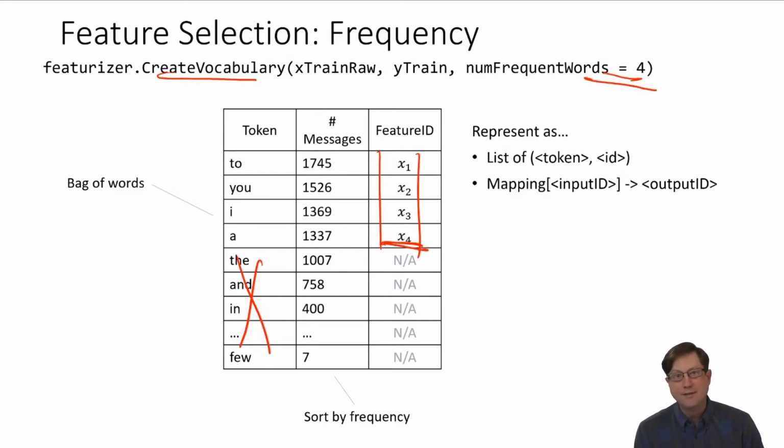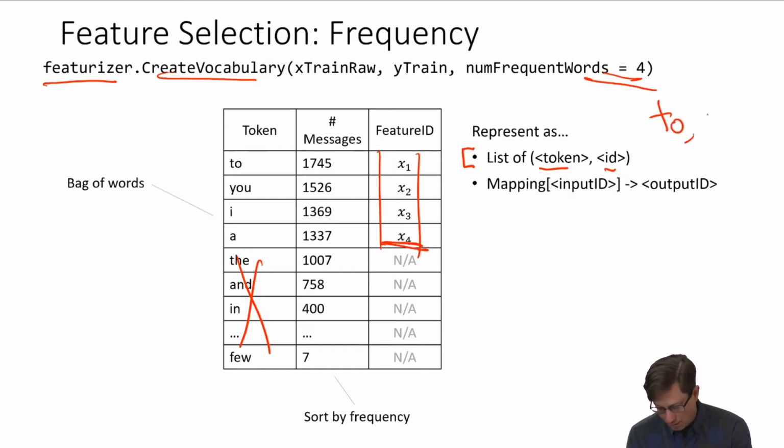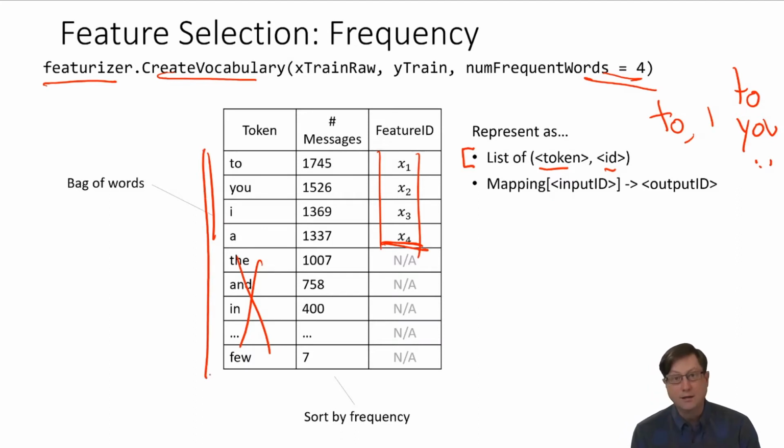And then in the featureizer object, you can represent it as a bunch of things. You could represent it as a list saying token ID 2 is at feature ID 1, or you could just list them in order. You can figure out how to represent stuff. The reason I'm talking about this is that you may have features that didn't directly come out of the bag of words.